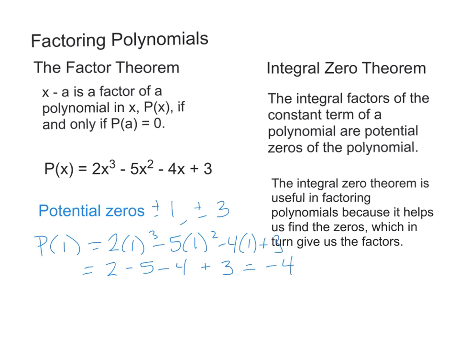What does that tell you based on this factor theorem? That it's not a factor. That x minus 1 is not a factor of that polynomial.